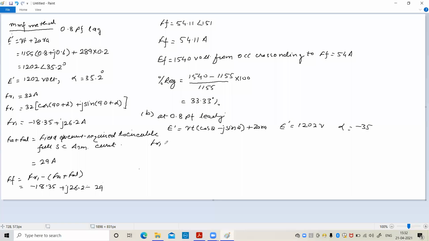Your FR1 magnitude is 32 ampere as usual because it corresponds to the voltage E dash. But FR1 we are going to calculate in the polar form.